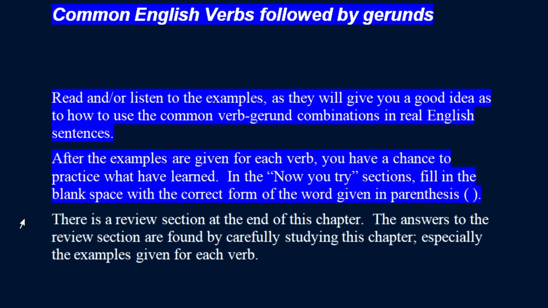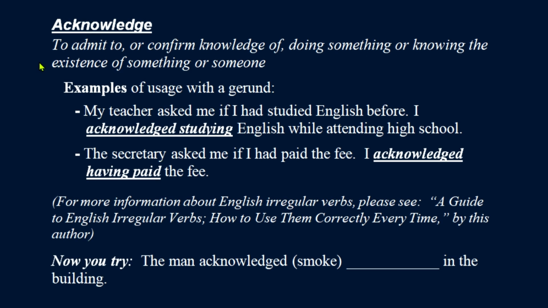In the Now You Try sections, fill in the blank space with the correct form of the word given in parentheses. There is a review section at the end of this chapter. The answers to the review section are found by carefully studying this chapter, especially the examples given for each verb. Now let's begin.